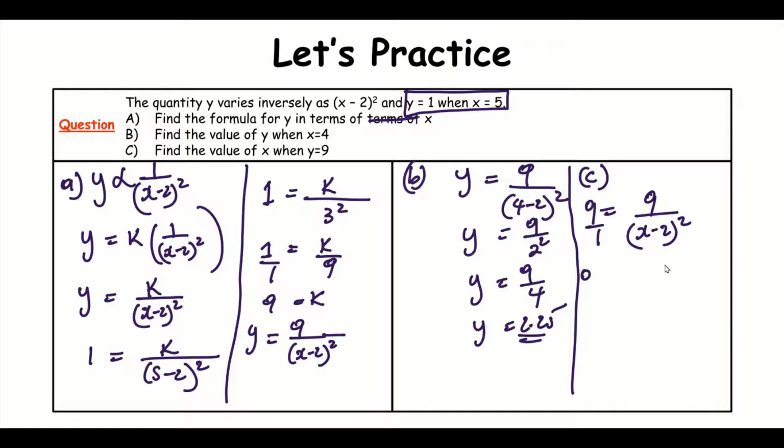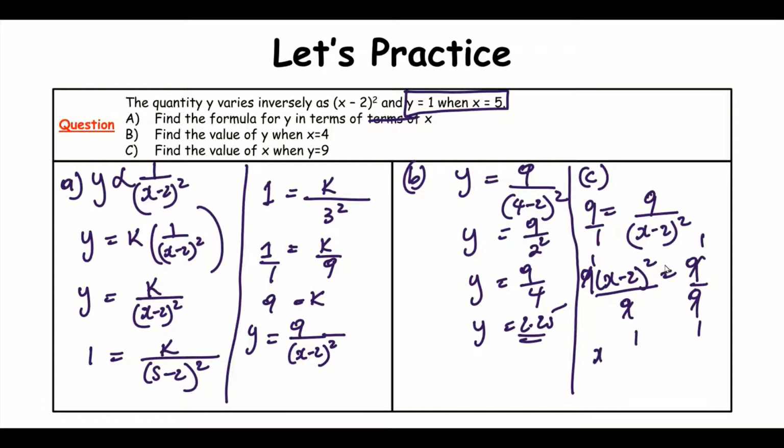So we have 9 times x minus 2 all square is equal to 1 times 9, which gives us 9. So realize that we have 9 on both sides, so we can divide both sides by 9. So 9 over itself is 1, 9 over itself is 1.